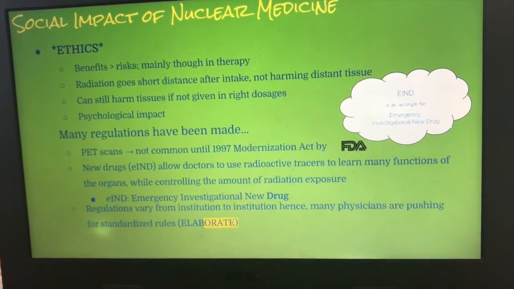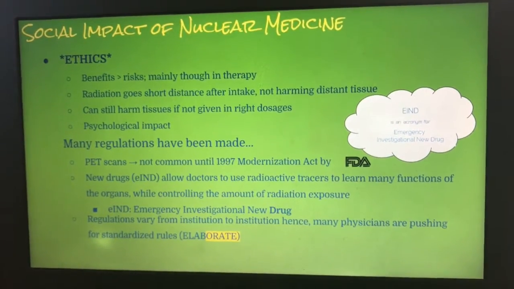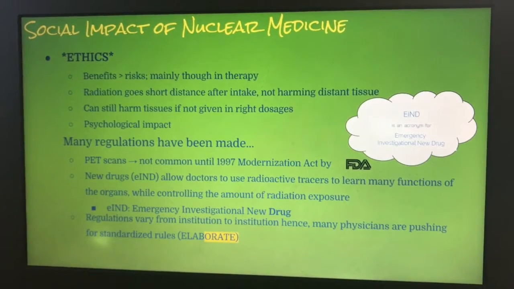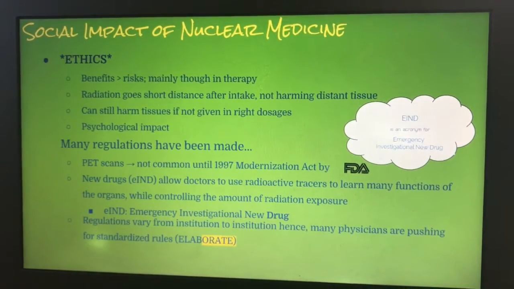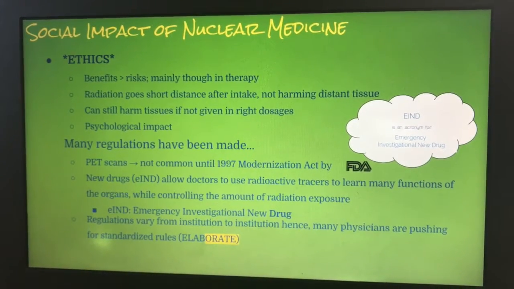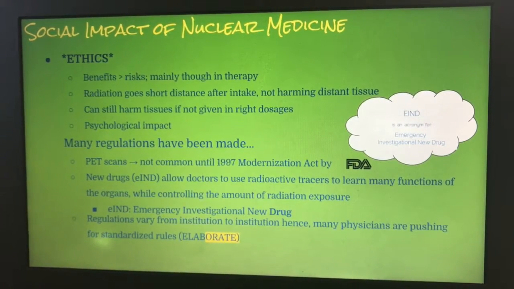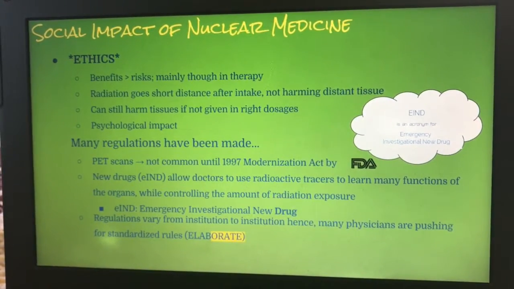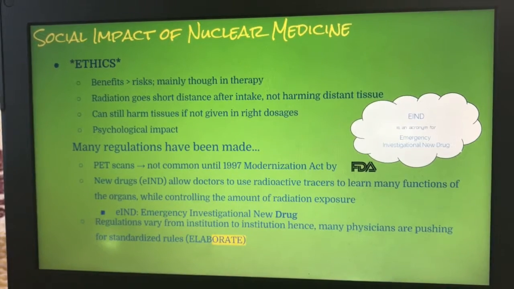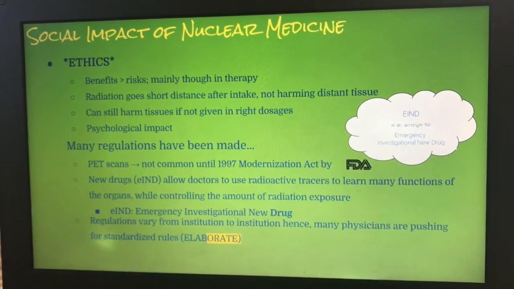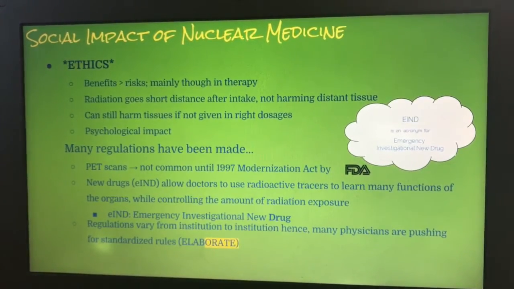Now, with more physicians and all those people going out and doing more, many people, including the FDA and many physicians, want to regularize and standardize all the rules because it makes it far easier going from institution to institution, and more than that, the risk can be standardized. And some institutions may do some risky and questionable things. So that is something to note.